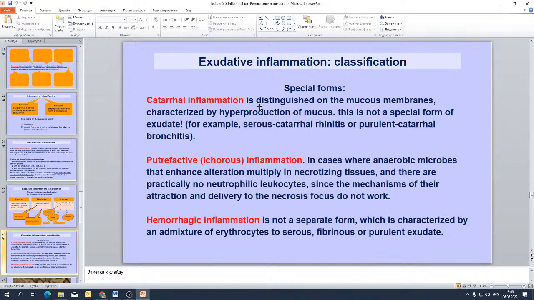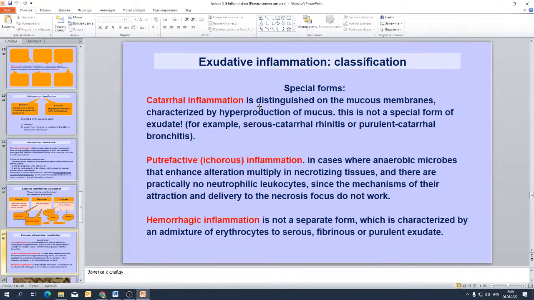And very often in ichorous inflammation, for example, gangrene, gas gangrene. We discussed necrosis, special types of necrosis, and in future, outcomes.